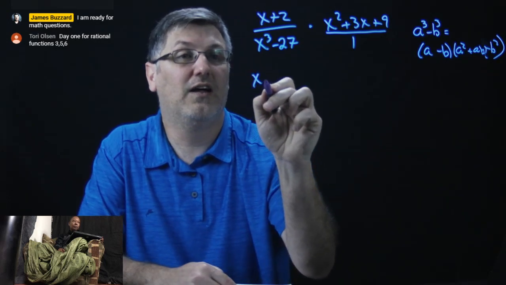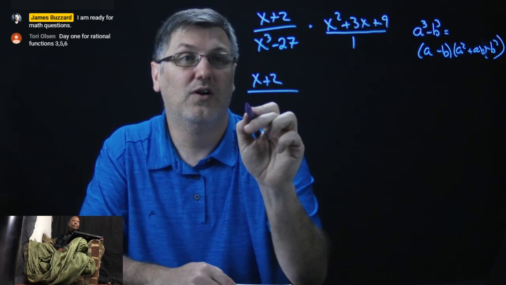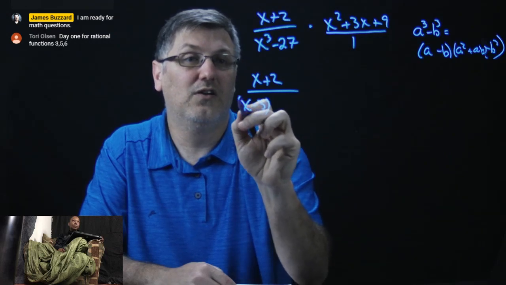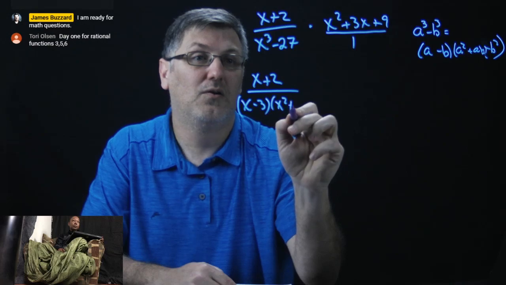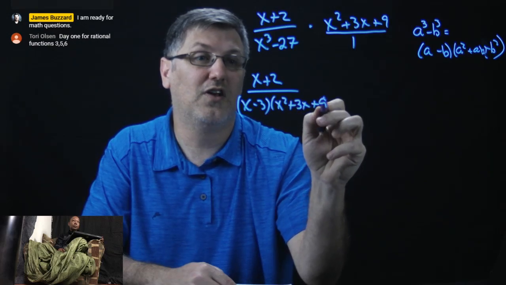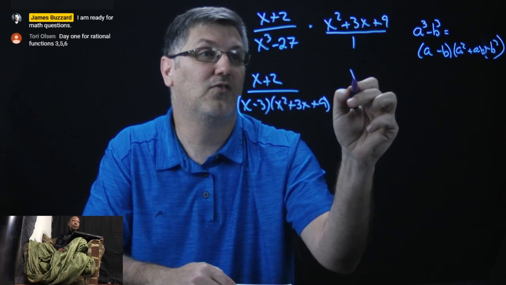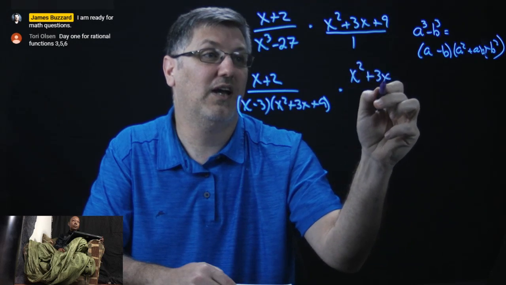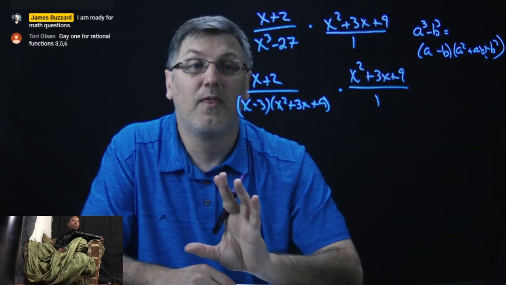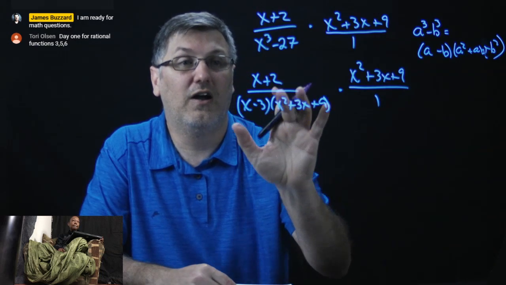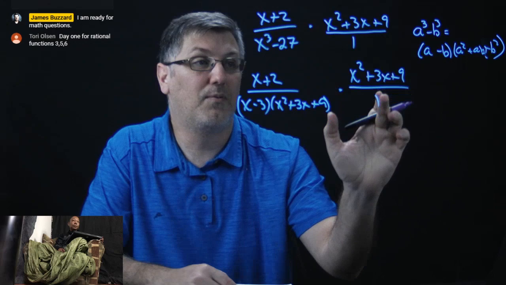So I want to get (x plus 2) over (x minus 3)(x squared plus 3x plus 9), times (x squared plus 3x plus 9) over 1. It's almost like that was done on purpose. All right, so from here, we're going to look. Top to bottom, nothing cancels. Top and bottom, nothing cancels.